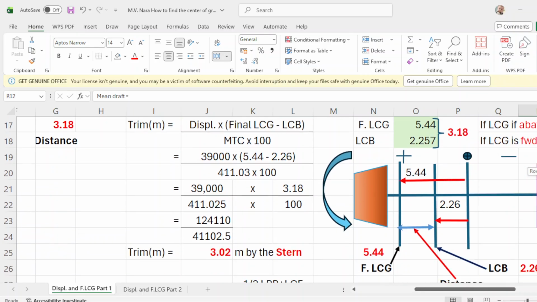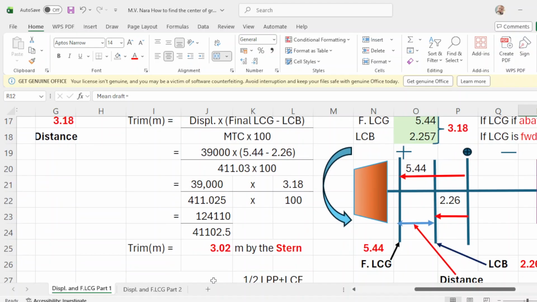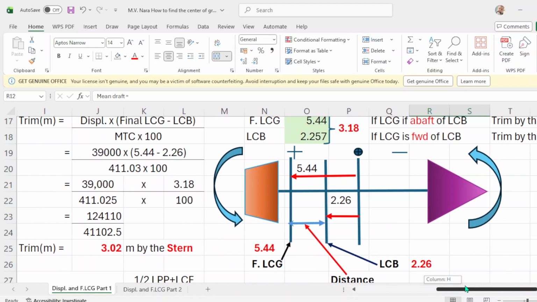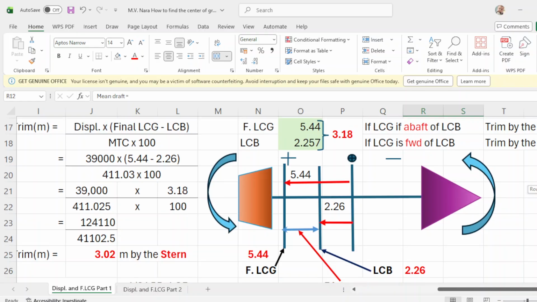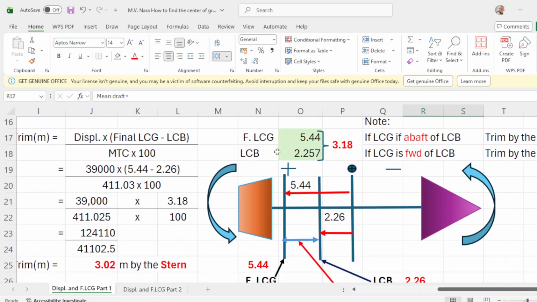Divide this one, then your trim will be 3.02 by the stern. Why? Take note guys, by the stern, your LCG is positive. Positive is from midship measured backward 5.44.